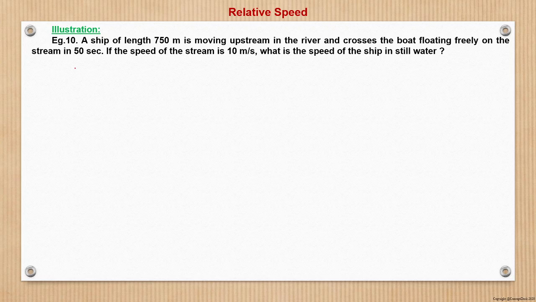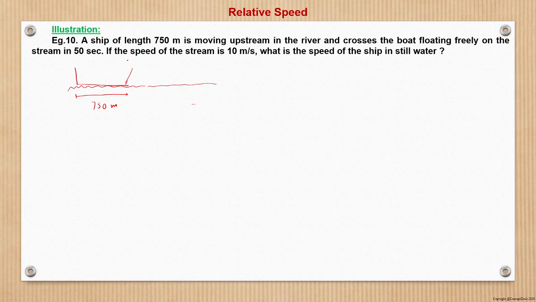Suppose this is water here. A ship of length 750 meters, so this length is 750 meter, is moving upstream.